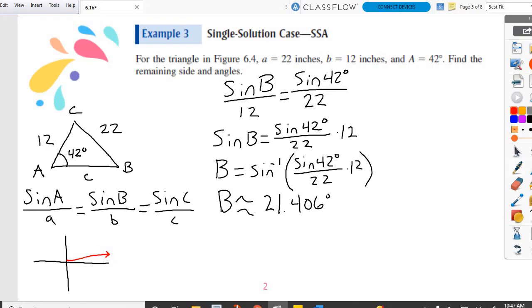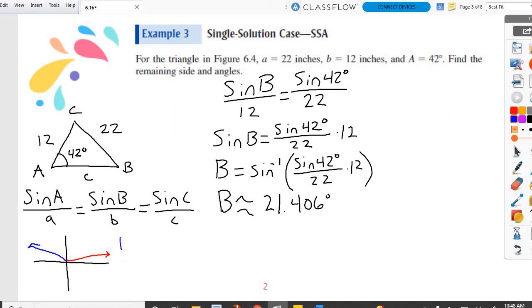However, I would still get the same sine if I was in my second quadrant for an angle that has a reference angle of that. So how would I find that angle, my second option? Subtract it from 180, right?